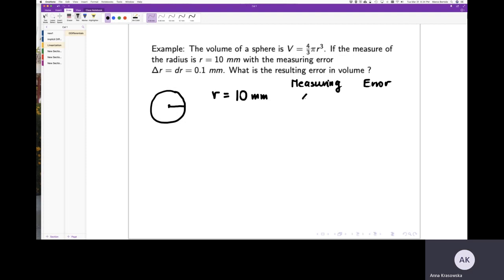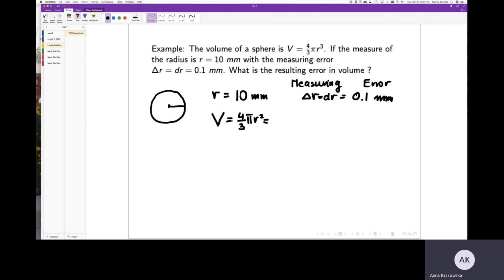We will call it delta r or dr. It will be 0.1 millimeter. Okay, and what we want to compute is the volume, which is 4/3 pi r cubed, and it's very easy.